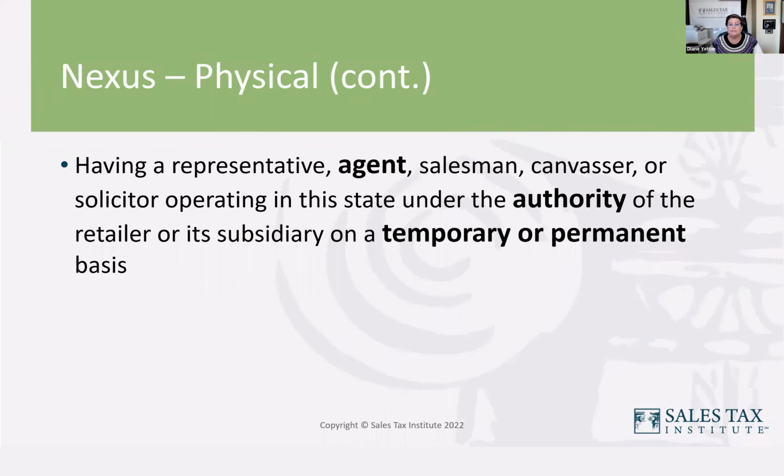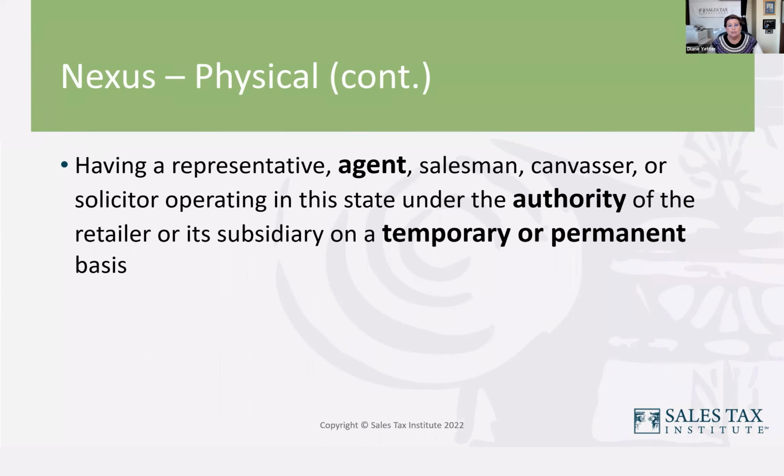So if you have salespeople or service people that are 1099 people and they are operating in the state under your authority, meaning they have the right to, let's say it's a salesperson, to quote prices that you will honor, then they are operating under your authority. And if they are in a state doing that, then that can create physical nexus for you.